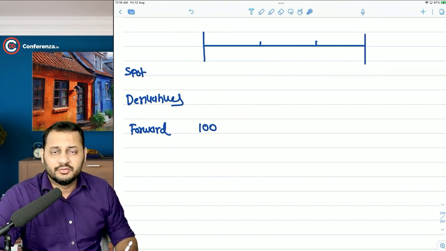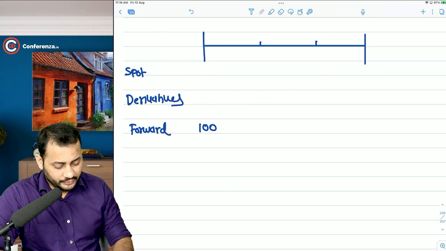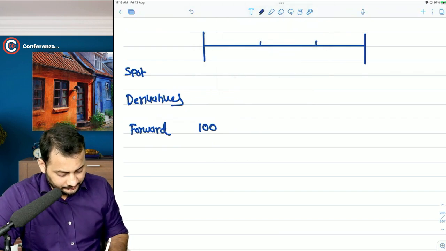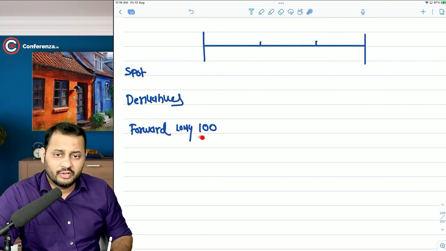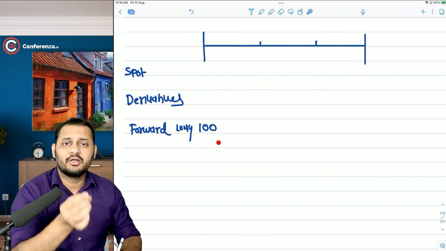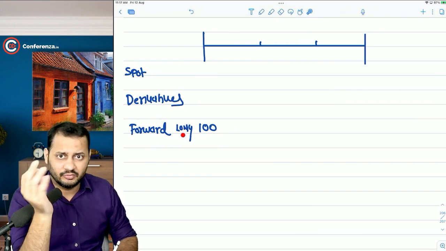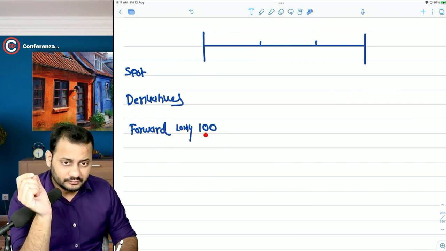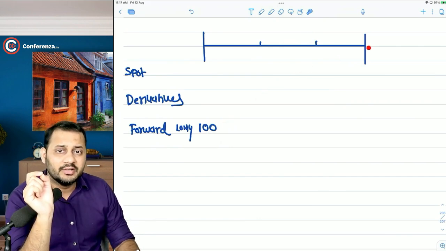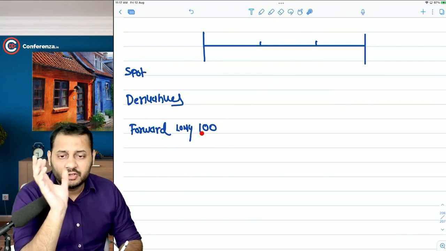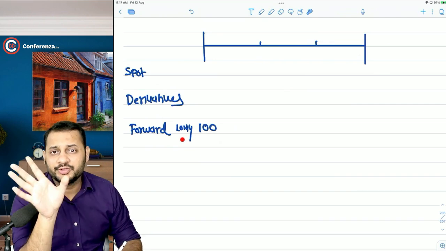So, for example, if you take a long position in the forward contract at 100 rupees, it means that you are promising to buy this asset, whatever the XYZ asset is, after 3 months at 100 rupees. So you have opened a long position.